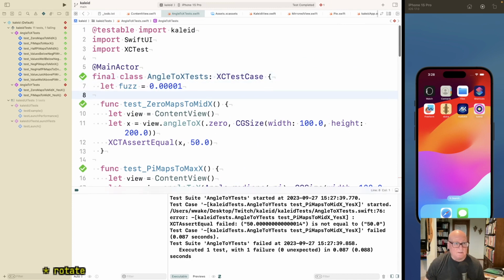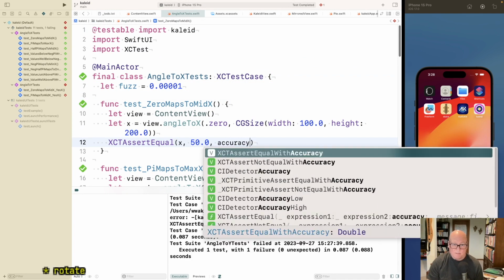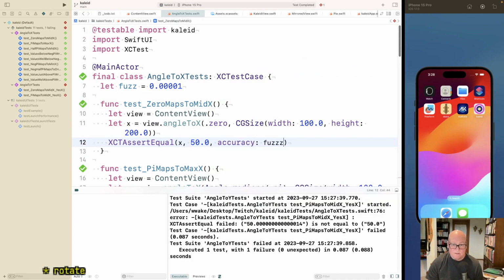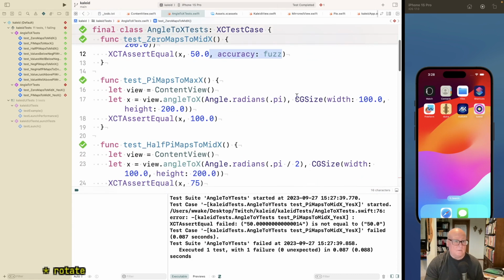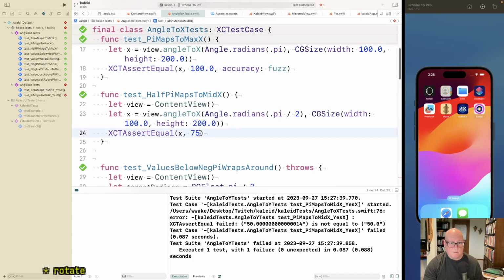And use that here too. And doing floating point comparisons, I really should be doing this sort of thing. Especially with multiplying by pi.